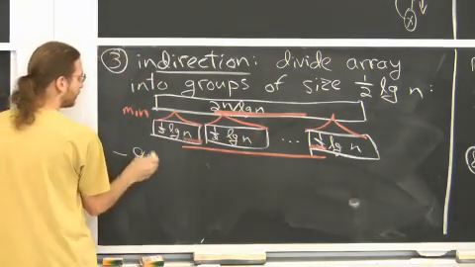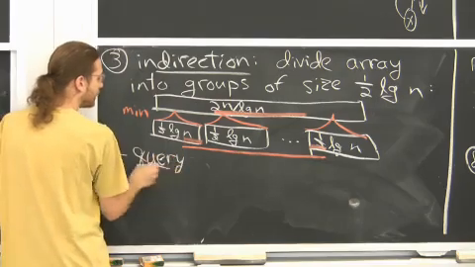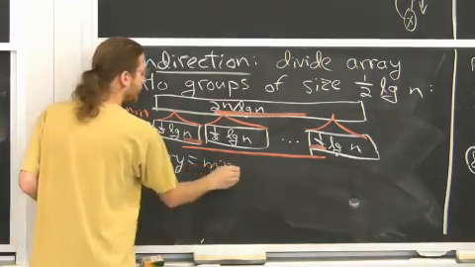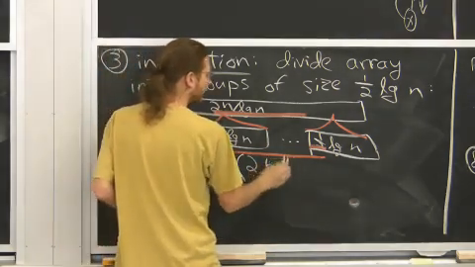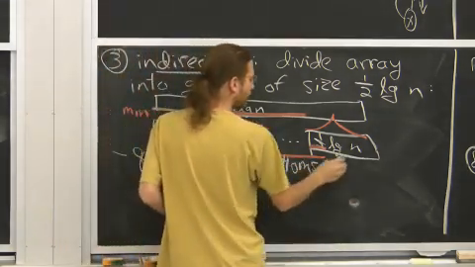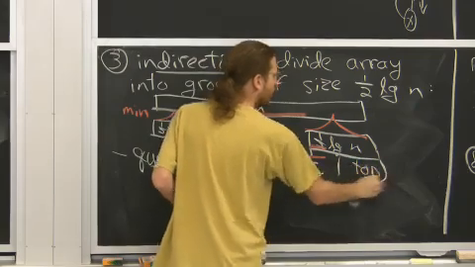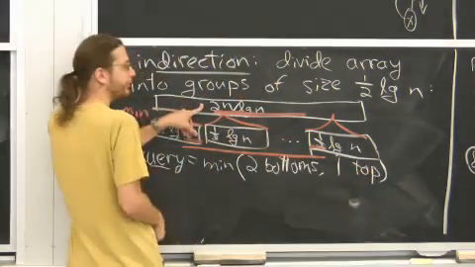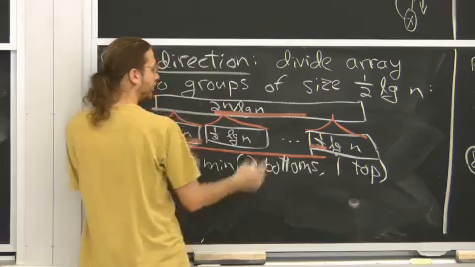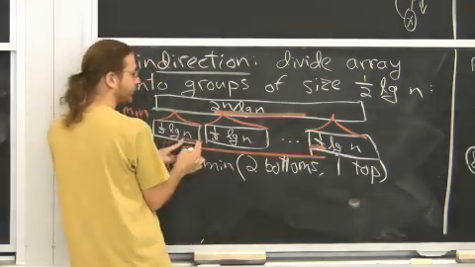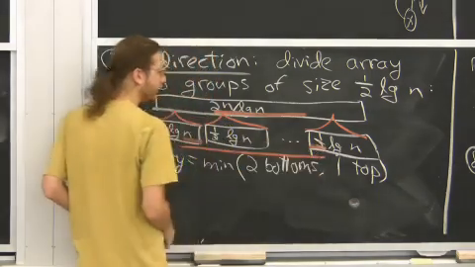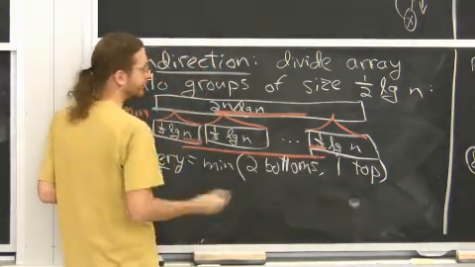So now a query is going to be the min of 2 bottoms and 1 top. In other words, I do one top RMQ query for everything strictly between the two ends. Then I do a bottom query for the one end, a bottom query for the other end. Take the min of all those values, and really it's the argmin.